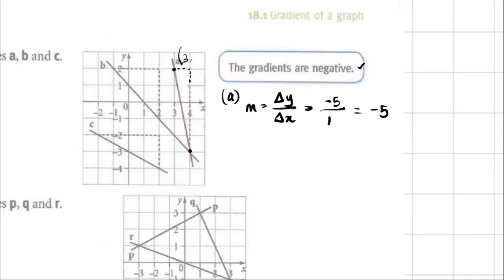So let's put coordinates 3, 2 and negative 3, negative 2.